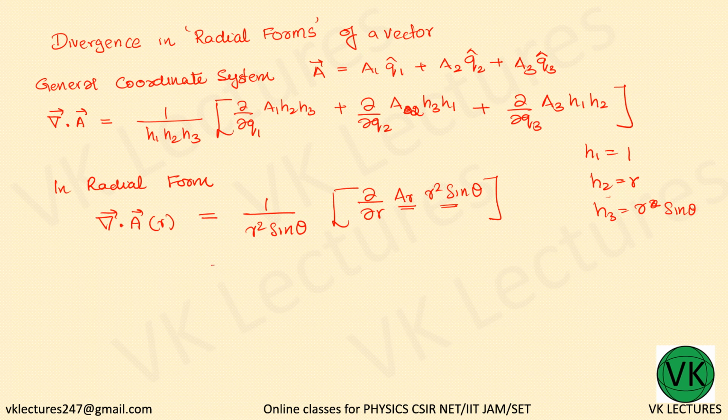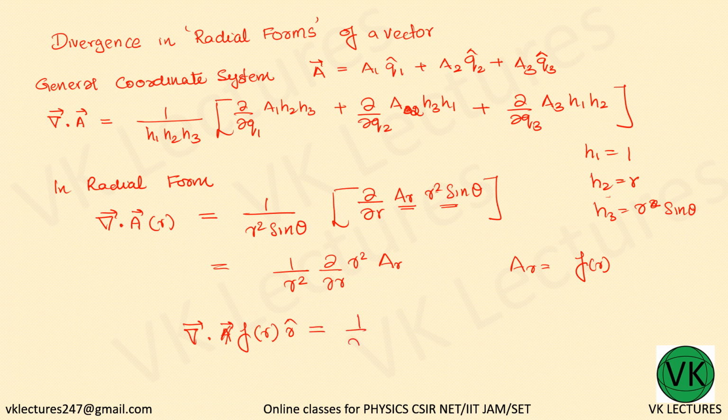So this becomes 1 by r square dou by dou r of r square Ar, and if Ar is some function of r, you can write the divergence of f of r into r cap as 1 by r square dou by dou r of r square f of r.